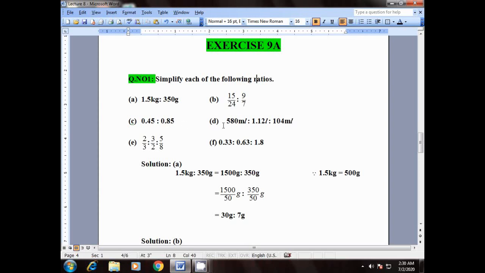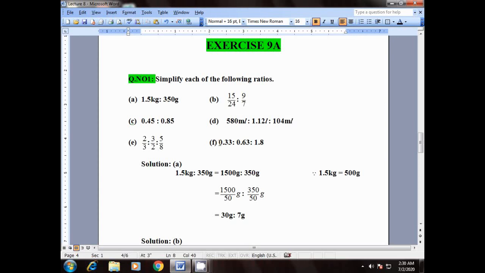In the fourth part, we have given three quantities, 580 ml ratio 1.12 liter ratio 104 ml. In the fifth part, again we have given the quantities in the form of fractions, 2/3 the first quantity, ratio 3/2 the second quantity, ratio 5/8 the third quantity.